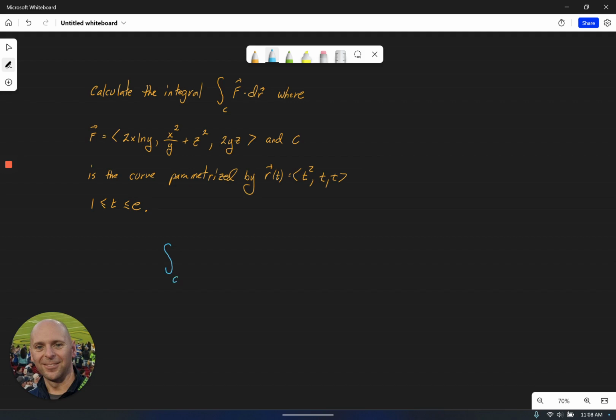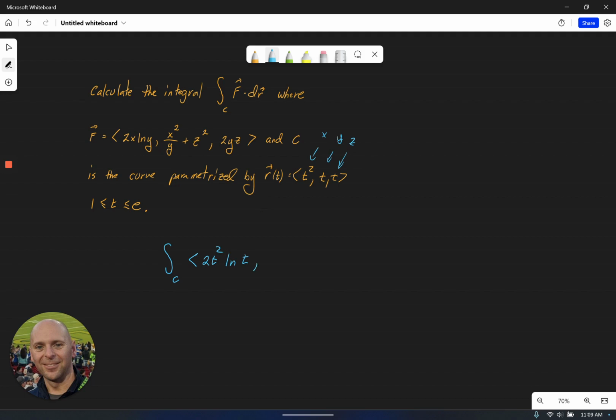So we've got our integral over the curve C of F of r of t. Again, I've got to take x, y, and z to be their parametric definitions, and we would end up with an F that looks like 2x, but x is t squared, so 2t squared ln y, but y is t, so the ln of t.